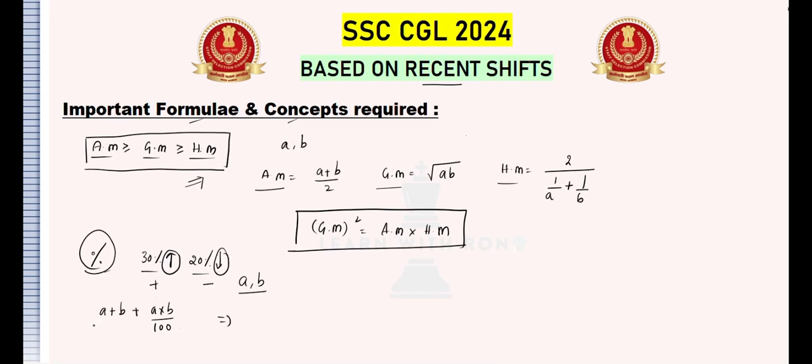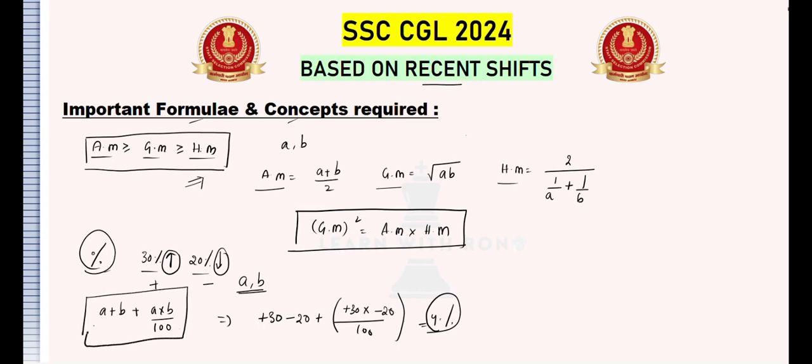Let's say 30% is an increase, so plus 30, and 20% is a decrease, so minus 20, plus a into b. So a 30% increase, plus 30, multiplied by 20% decrease, minus 20, divided by 100. See, 30 minus 20 is 10, 10 minus 6 is 4%, which is your effective percentage. Okay, so for two variables, a plus b plus ab by 100 is your formula.